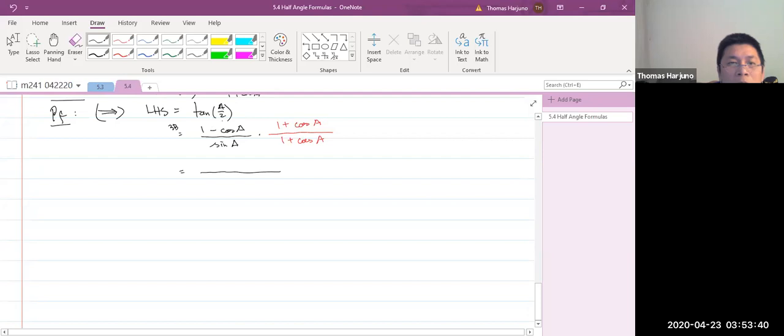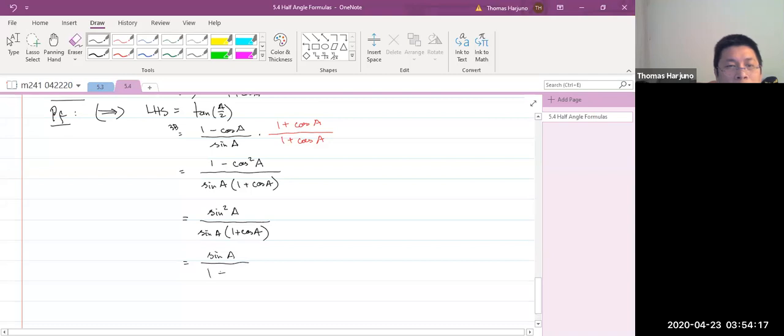The reason I do that is because I want to get a difference of squares. While at the bottom, I will just leave it like that. I don't need to distribute. I just multiply them together like this. This is equal to sine squared a over sine a times 1 plus cosine a. That's sine a over 1 plus cosine a. That's our right-hand side.